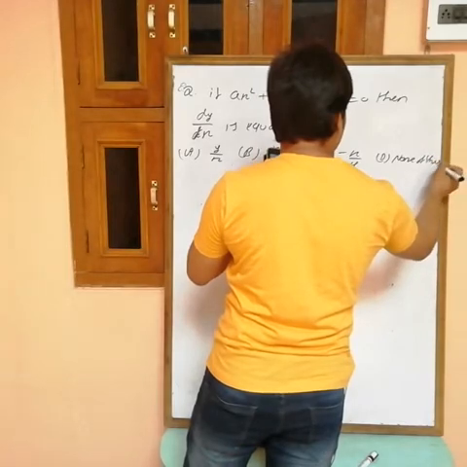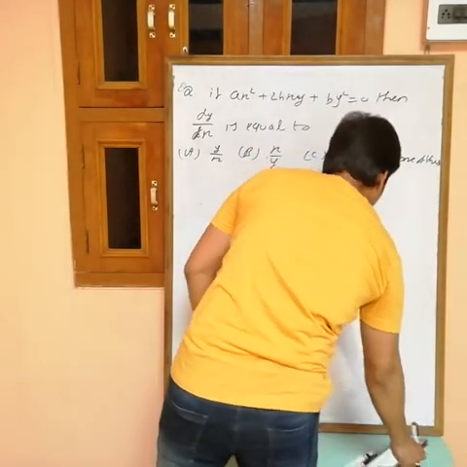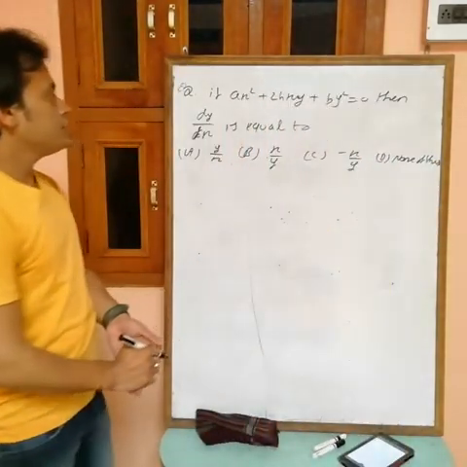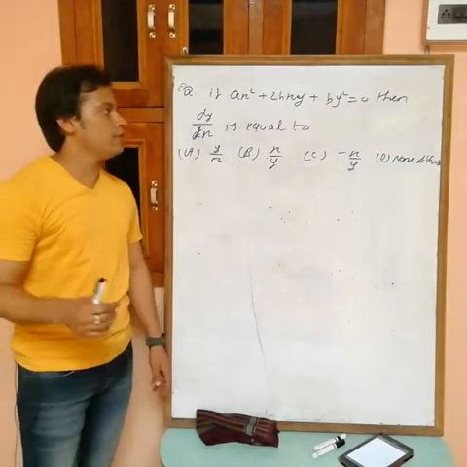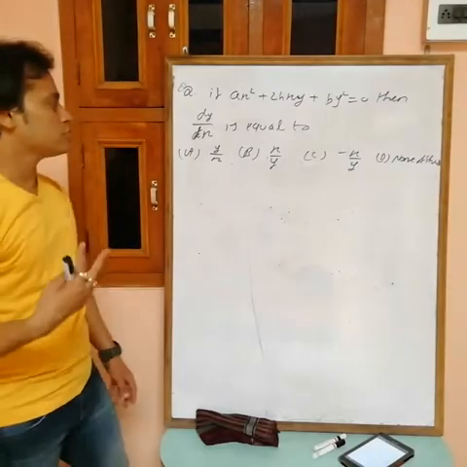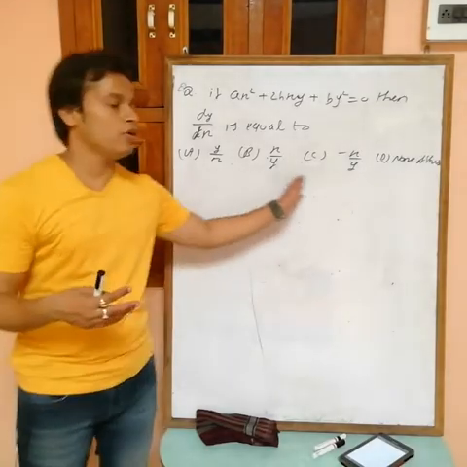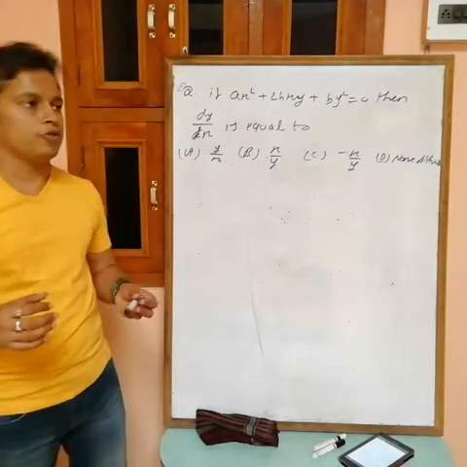Okay, try this one. The relation between x and y is given as ax square plus 2hxy plus by square equals 0, then dy by dx is equal to, out of these four options, choose any one.